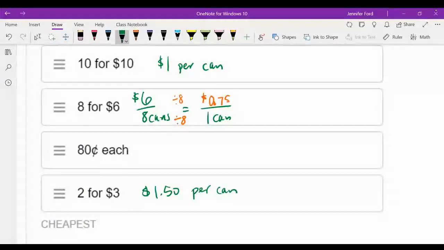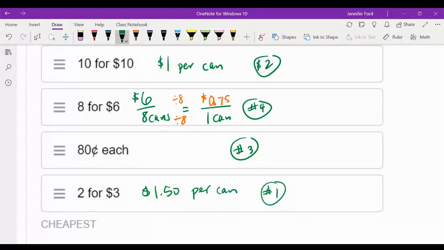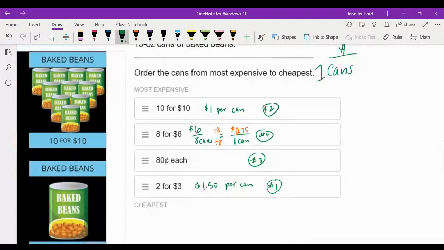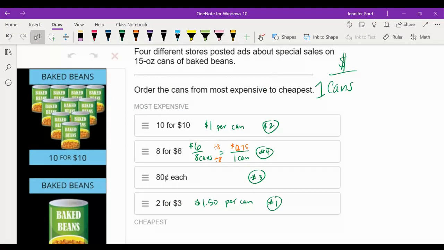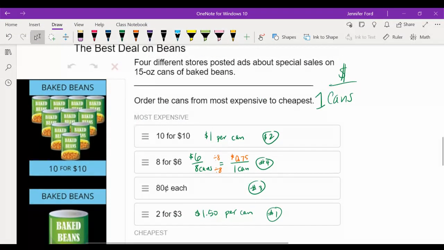So this is the most expensive, $1.50. Then $1 per can is the second most expensive. And then 75 cents is cheaper than 80 cents. So this is the third one, and that's the fourth one. Okay. So my strategy there was that I found how much money for 1 can.